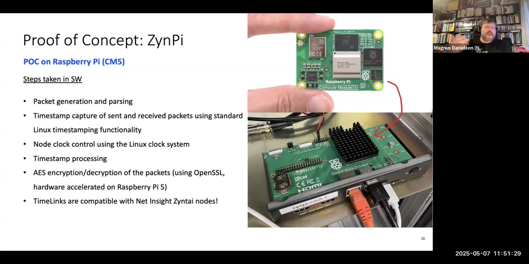We steered things with the Linux clock system. We did timestamping. We also did the AES encryption and decryption of packets using OpenSSL, hardware accelerated on Raspberry Pi 5. And the interesting thing is we were able to make these links compatible with the NetInsight Syntyne nodes. So we were able to replicate it.